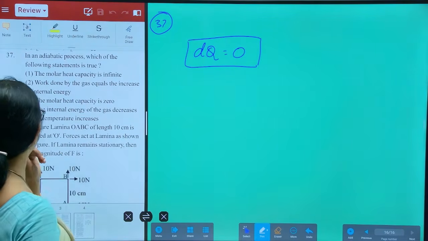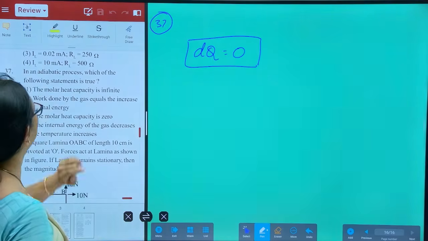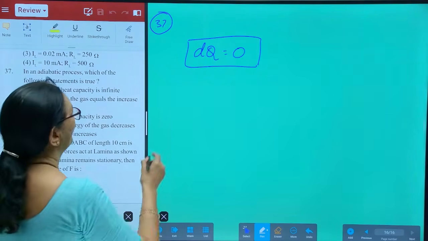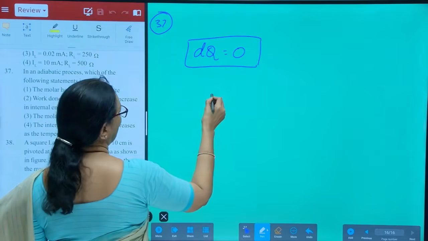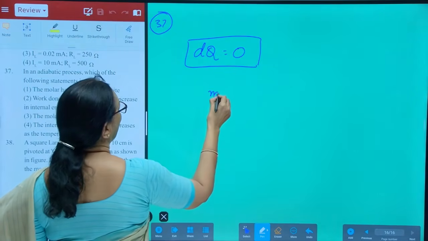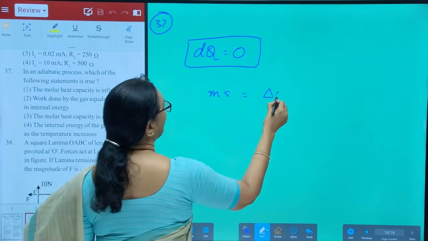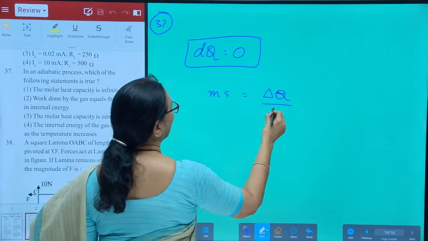First option is molar heat capacity is infinite. In general, heat capacity is Ms, that is equal to delta Q by delta theta.